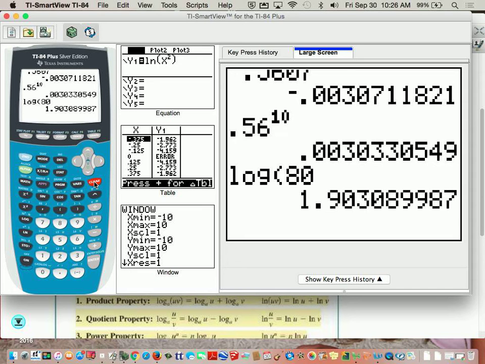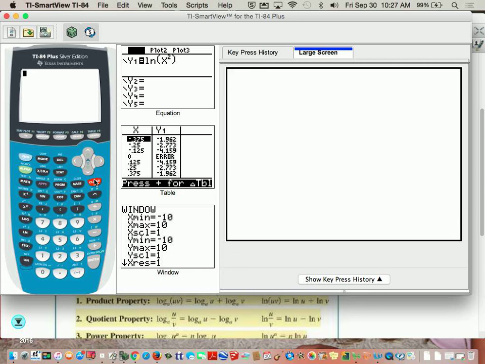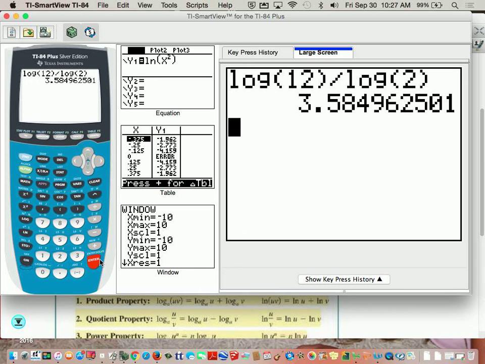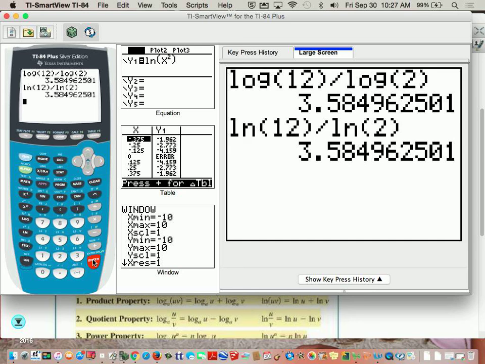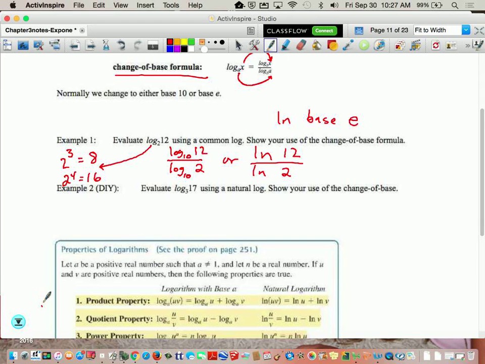So if I clear that out, if I do the log of 12, you have to make sure you close your parentheses before you divide by the log of the base, so base 2. Now these are both log base 10s of 12 and of 2, and I get that decimal. Or I can hit ln of 12 divided by the ln of 2. So it doesn't matter which button you use on the calculator, notice you get the same decimal.